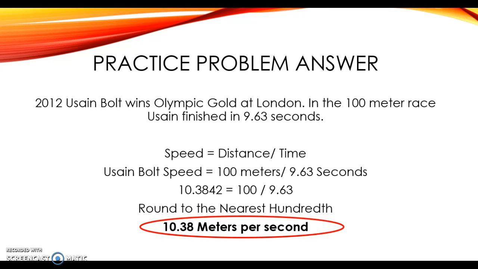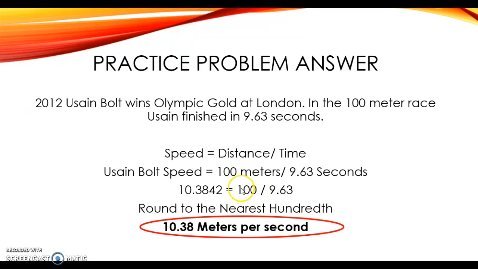This is what you should have gotten. So I'm going to show you the steps, the same steps that I took. These are the steps that I like to take with any problem that I use. We have the original formula. We have the distance of 100 meters here. This time, instead of 9.58, we have 9.63 for the 2012 race. So I've input 9.63 seconds.